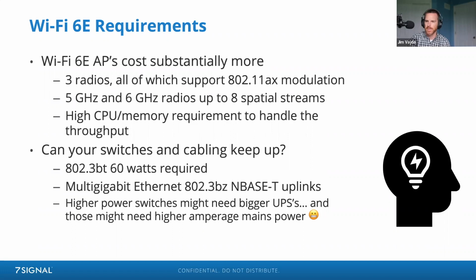Cisco calls it UPoE. The standard now is 802.3bt. But with just a few exceptions, you have to have that to power these APs and get full performance out of them. So that's a big ask.